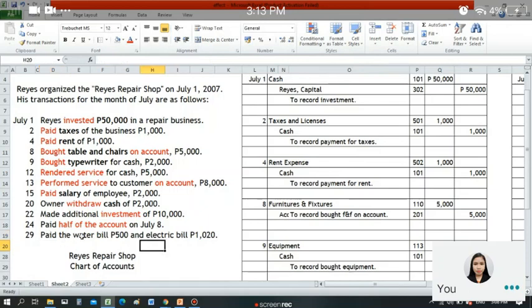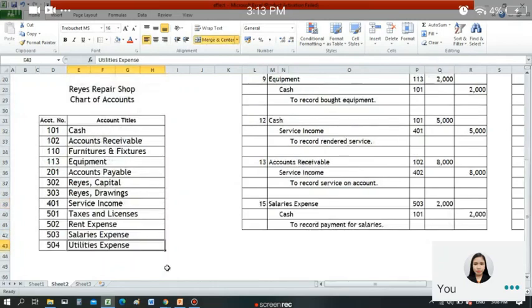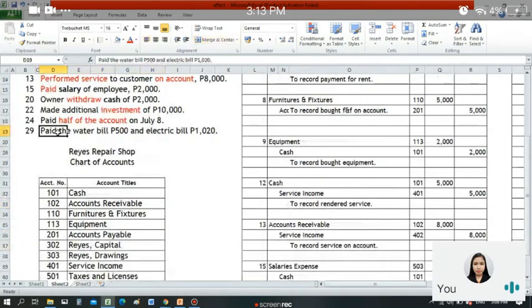The water bill and electric bill are identified as utilities expense. So we paid again, so we decrease our cash. And then what do we pay? Utilities. Since both are utilities, combine their amounts.